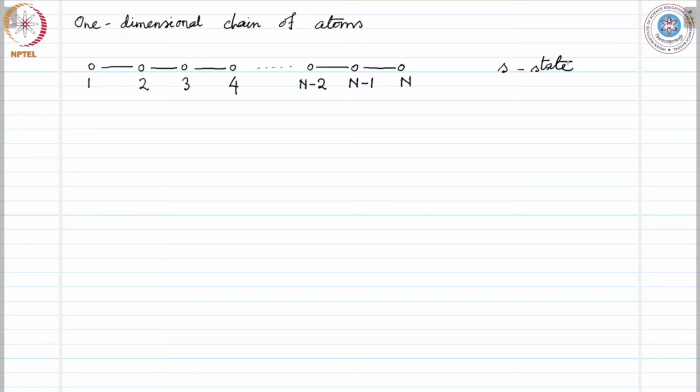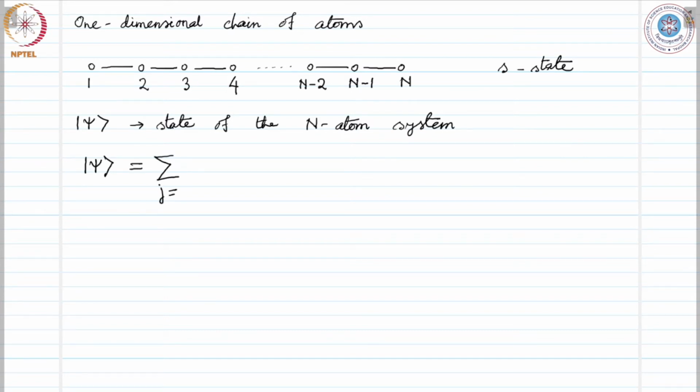So if we consider the state of this entire system represented as psi, then we can expand psi as a linear combination of the basis elements: sum over j equals 1 to n, coefficient Cj, which is in general complex, times the jth state.